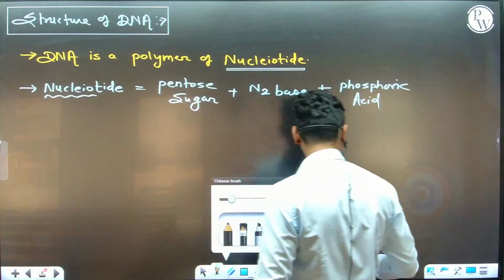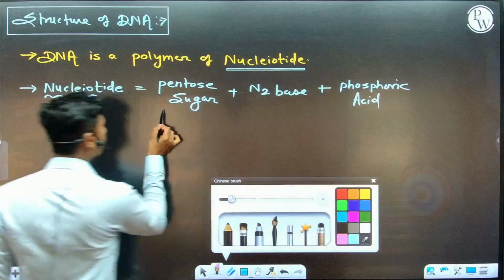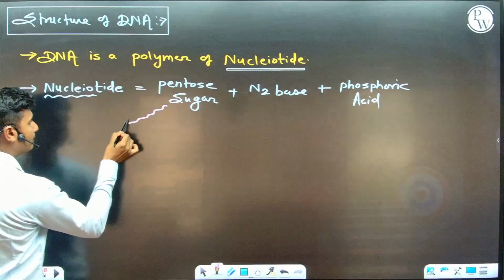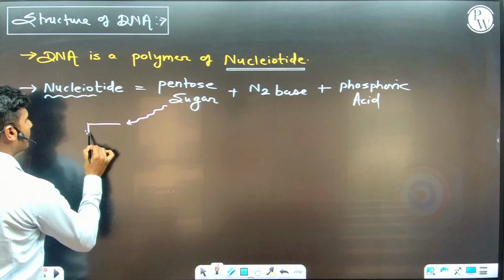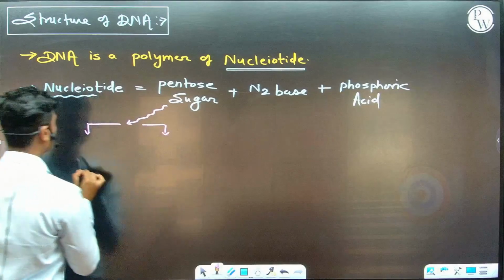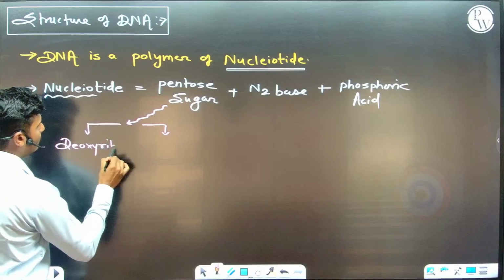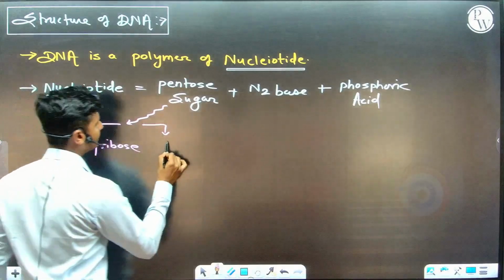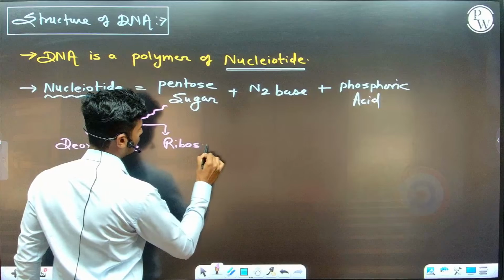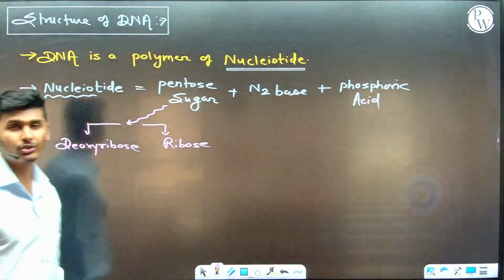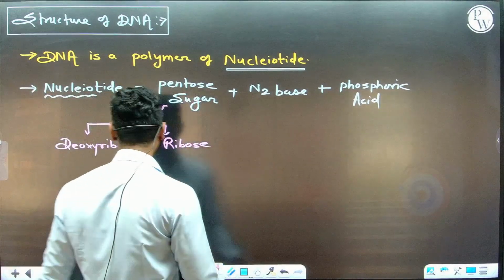So how does this pentose sugar look? Pentose sugars are of two types. One is deoxyribose, and the second one is ribose.